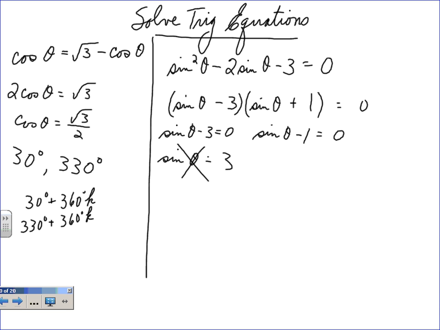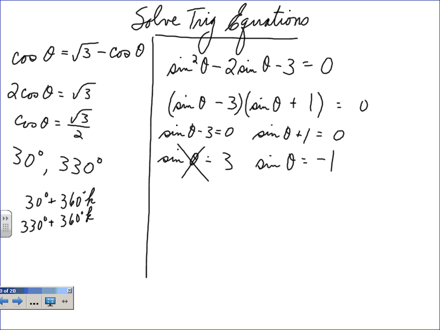Yes? For the first, you put sine theta minus 3, and then you put under it sine theta minus 3. And then the next one you put sine theta plus 1, and then you put minus 1. How's that? All right. So sine theta would equal negative 1, subtracting. Sine of what angle is negative 1? 270.